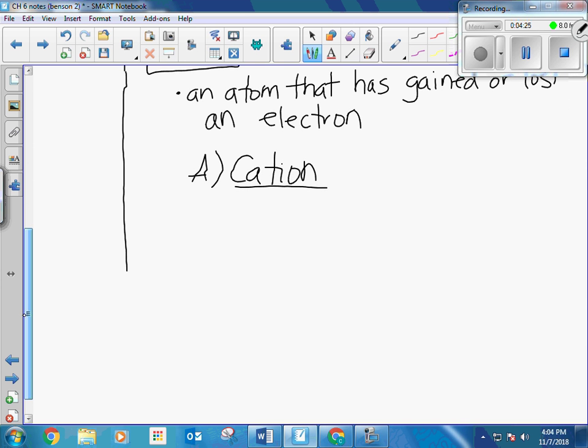So if it's a cation, it means that it has lost electrons, okay? And the ones that lose electrons very easily are metals.